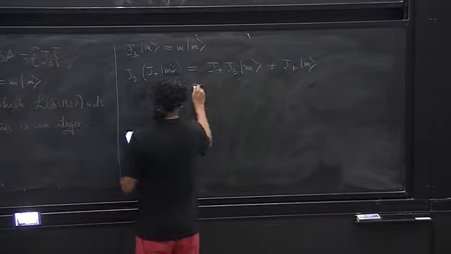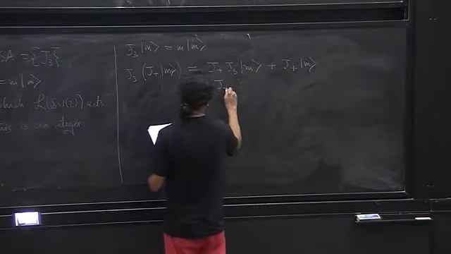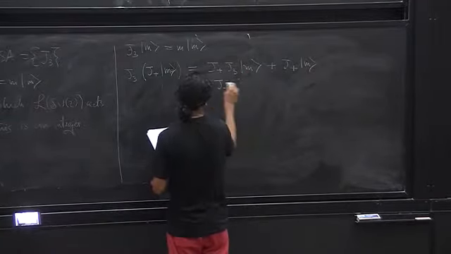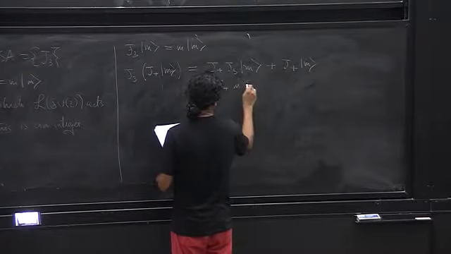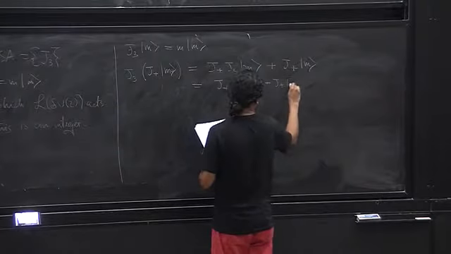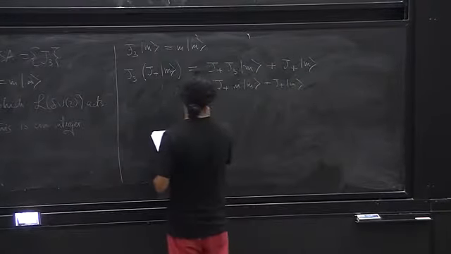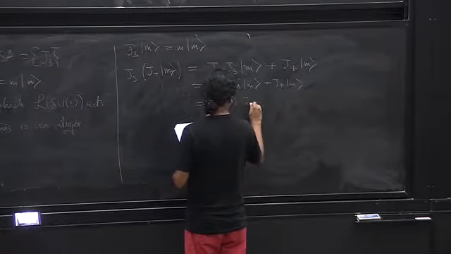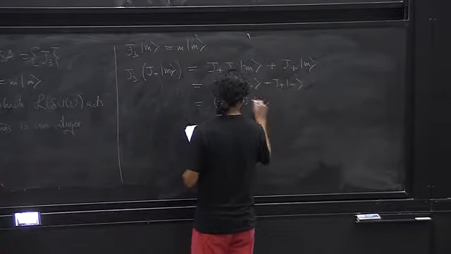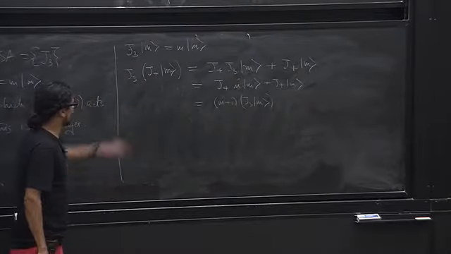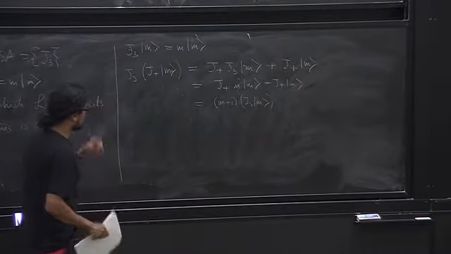So J3 acting on the state m gives me m, and this remains the same. So I can write this as (m plus 1) J plus of m. So this means that J plus increases the J3 eigenvalue by 1.